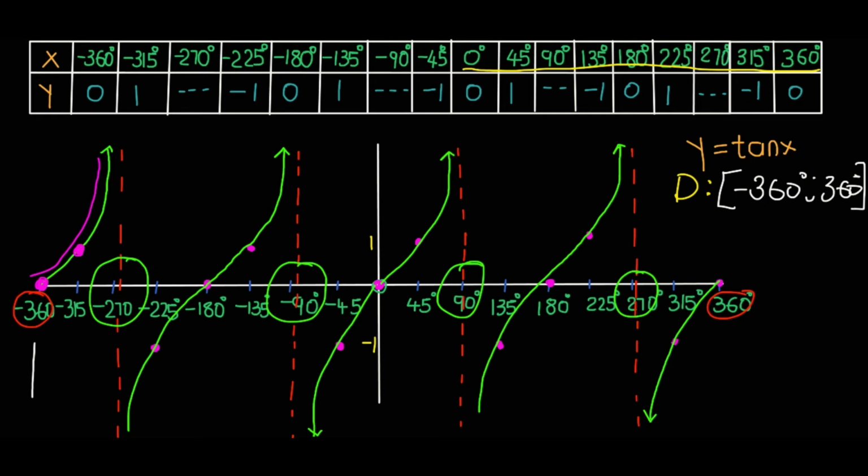Actually e rela gore domain ya rena ke negative 360 to positive 360, but x cannot be plus or minus 90 degrees because re na le negative 90 and 90, and then again x cannot be plus or minus 270 degrees.